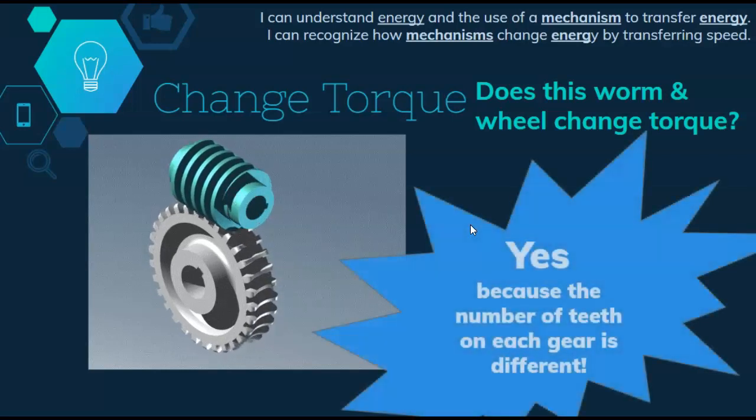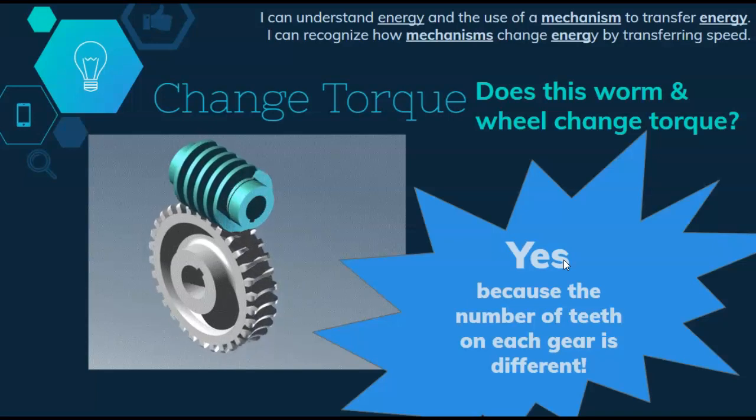Yeah, it does. And it all comes down to the number of teeth on the gear. The amount of teeth on this gear are different, just like we looked at when we were talking about a change in speed. A change in torque is going to count the number of teeth as well.